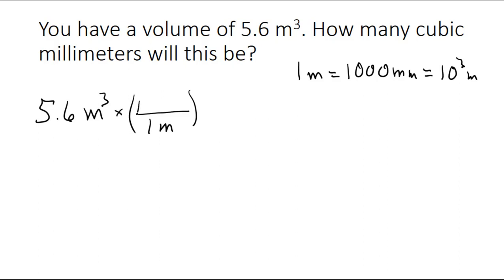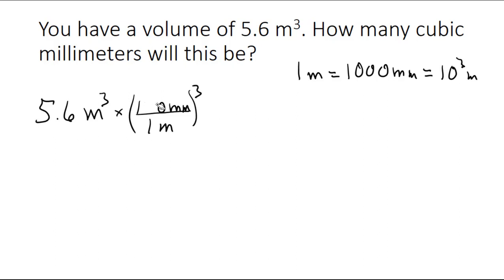And I'll put my 1,000 millimeters on top. Okay, now the contents of those parentheses are equal to 1. That's just a 1, a funny looking one. But I've got meters cubed on top on the outside, meters on the bottom on the inside. Those won't divide out unless I cube the entire parentheses.